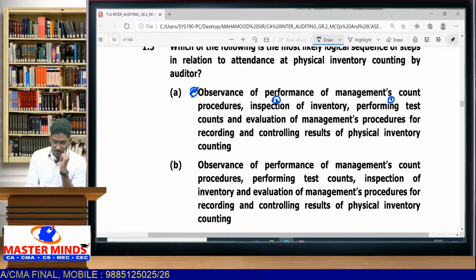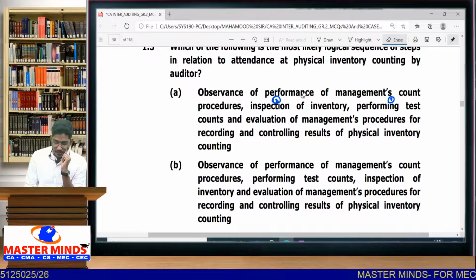So 4 steps they are telling. Let us rename them A, B, C, D, so that we can mention the correct order 1, 2, 3, 4.